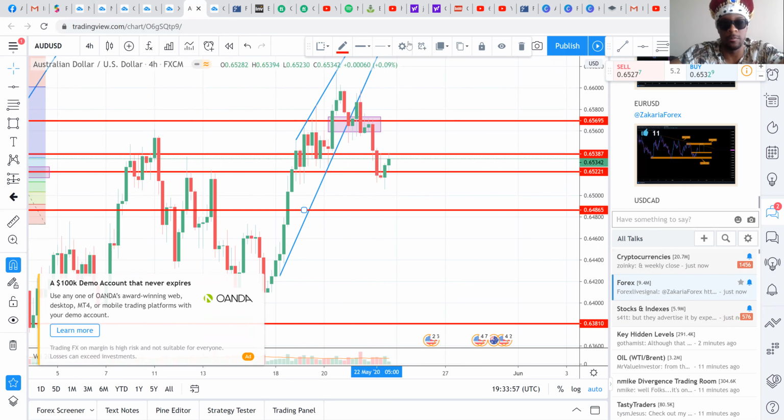Okay, so what I see happening for this pair, due to the momentum of the market on Monday not really having too much, it could just be playing around here and go up before it comes back down and then down and then down.